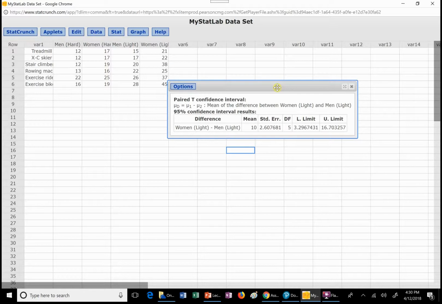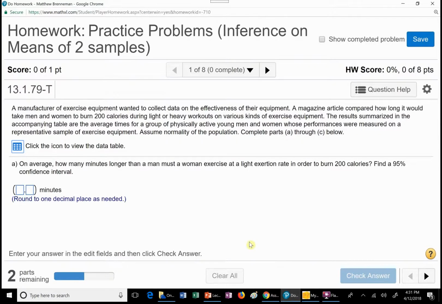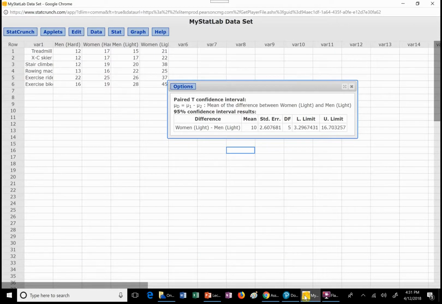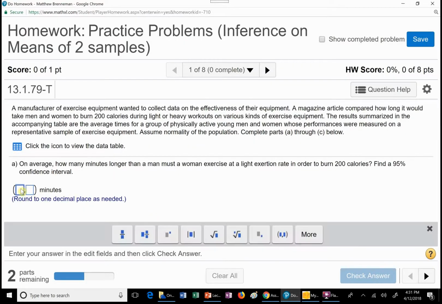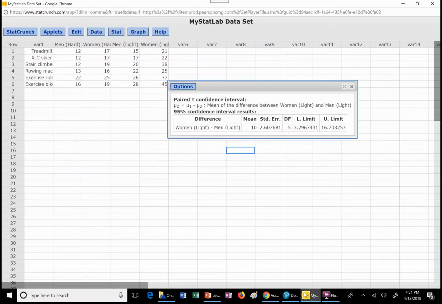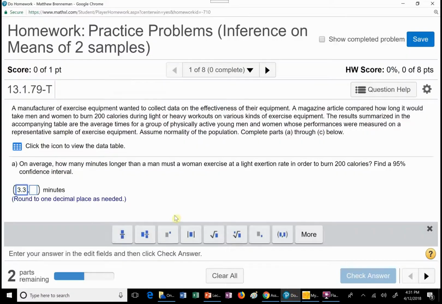Is everybody good on this? Is it working out? Okay. So go ahead and enter your answer. See if that works for you. Let's see, it's 3.29, which is 3.3. 16.7.